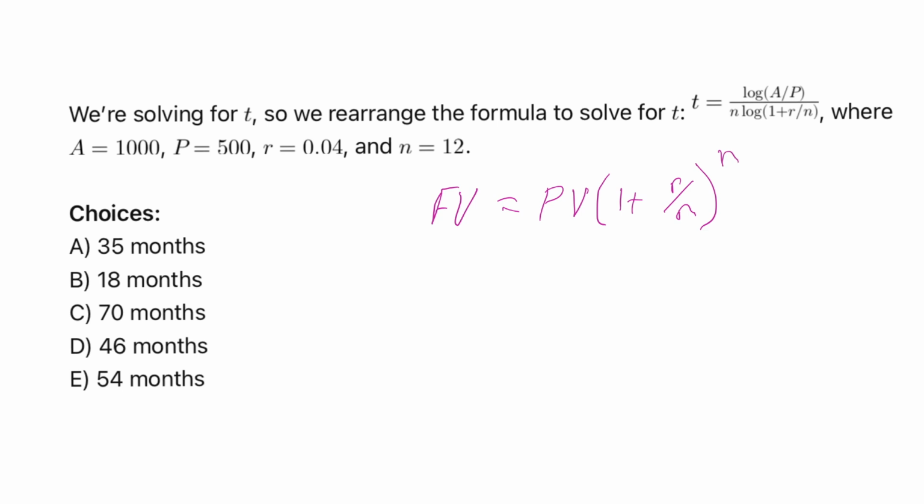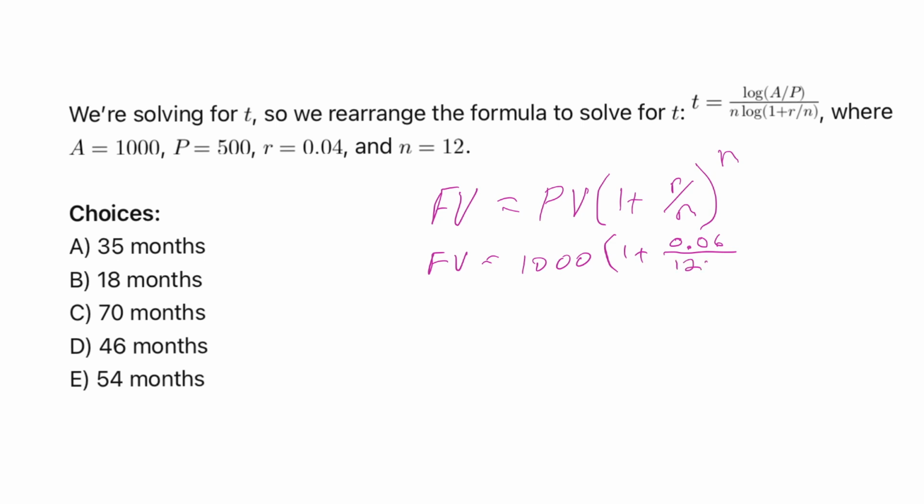Just to give you a quick example before you start working on it, so that you can look at it from a log standpoint. If I wanted the future value of $1,000 deposited at 1 plus, and let's say our interest rate is 6%, that'd be 0.06 in decimal form, divided by, and we're going to compound it monthly, okay?